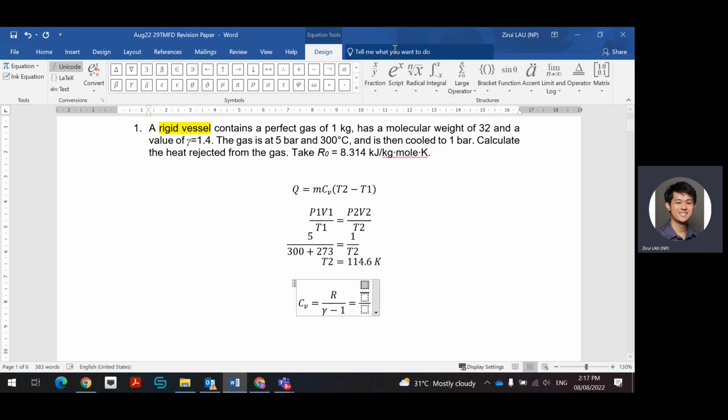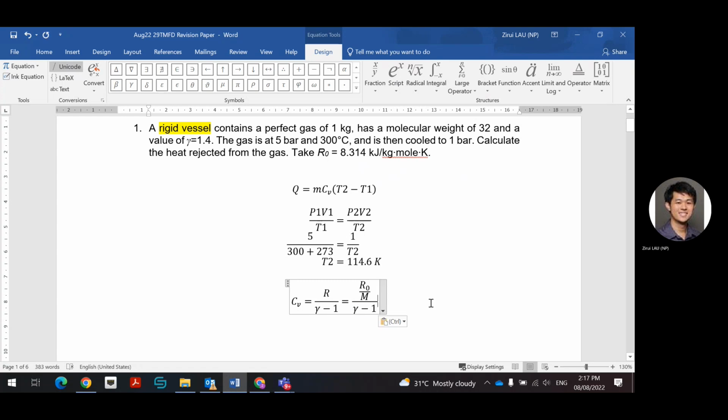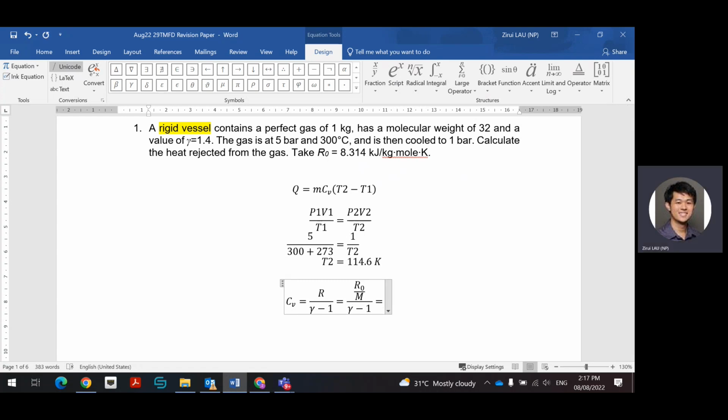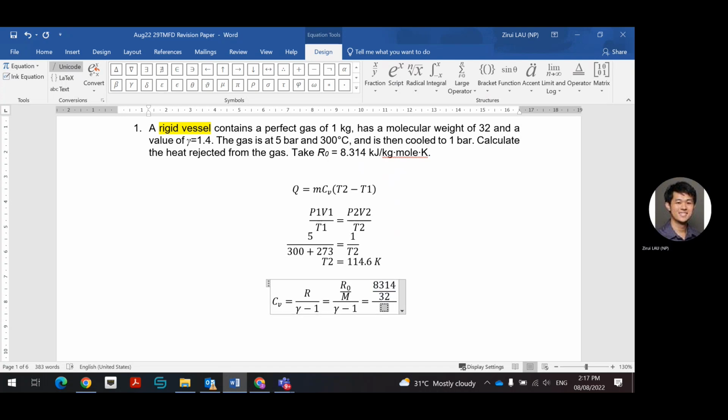So therefore, we will place in this R naught over M. With that, we can put in the values. R naught is 8314. M is 32. Gamma is 1.4 minus 1.